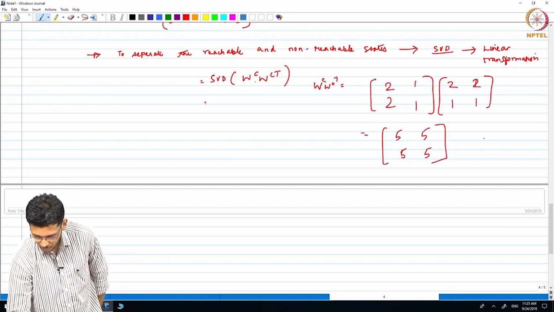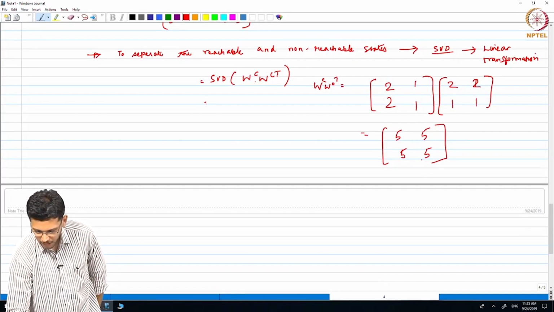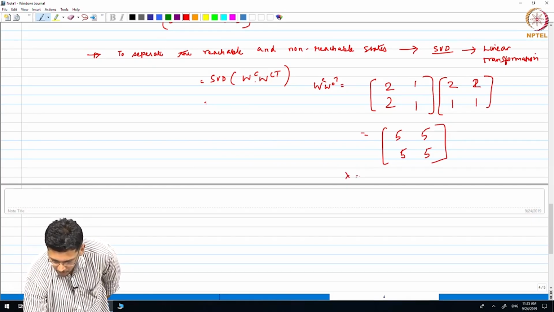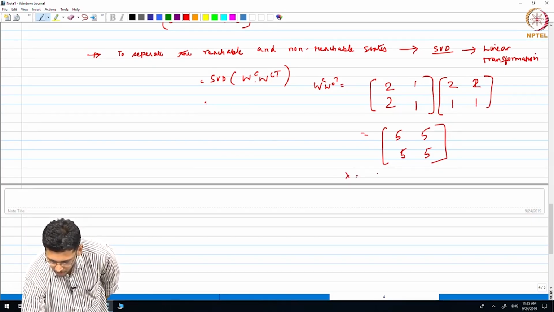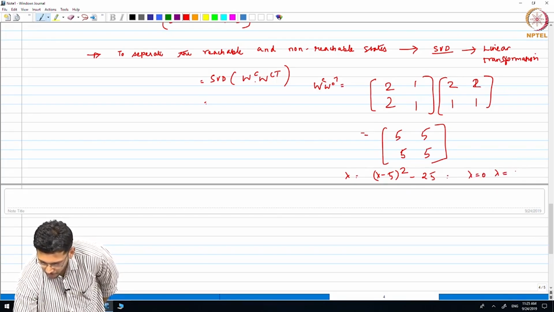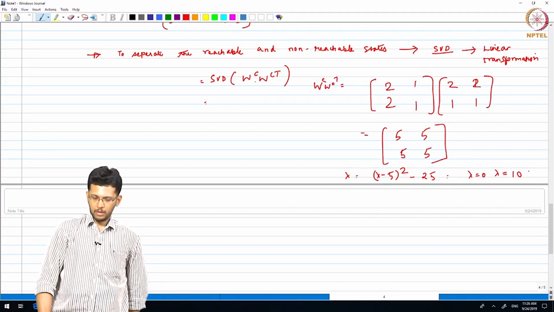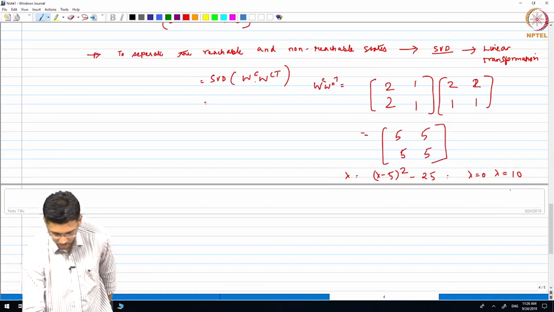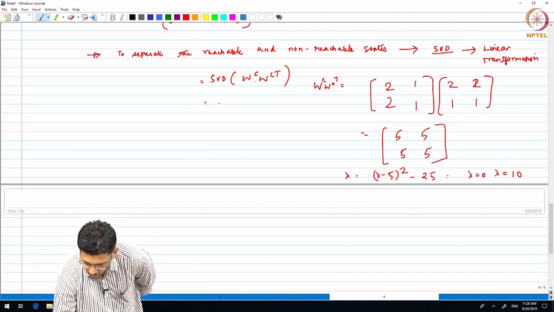So this is 5 5, 5 5. We need to find the lambdas for this. So (lambda minus 5) the whole squared minus 25 equals zero, which gives lambda equal to 0 and lambda equal to 10. The singular values would be the roots of these, so you get 0 and root 10 as the singular values.